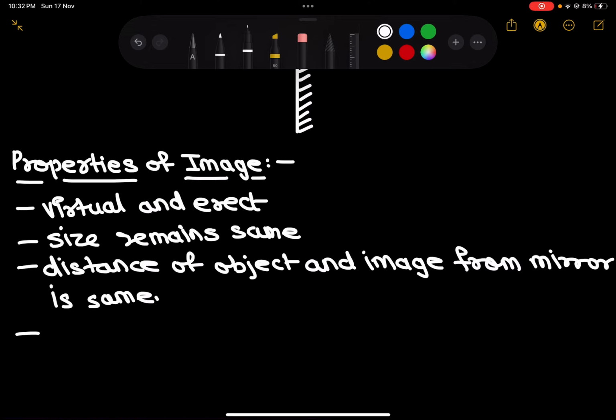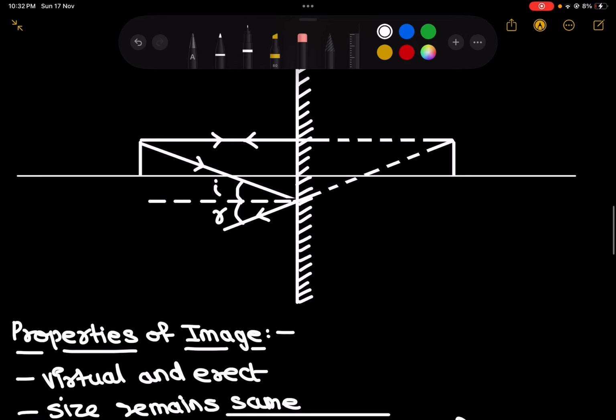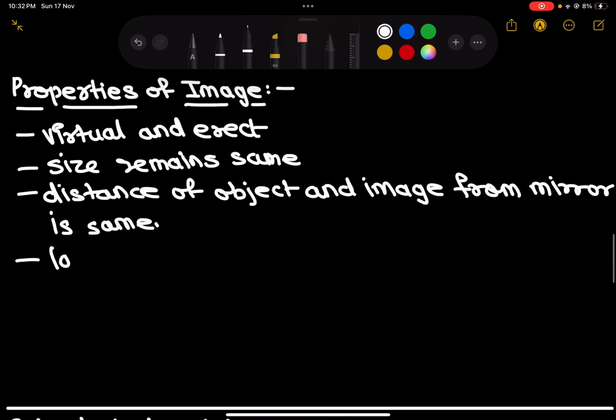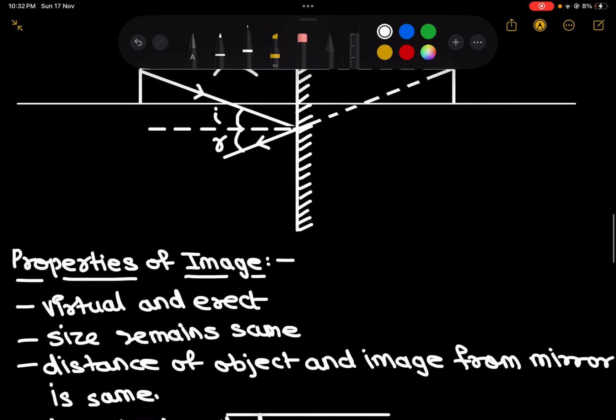And the last one, which is the most important, is that the image is laterally inverted. Now what does this mean? This means if you raise your right hand in front of the mirror, the image will raise its left hand. If you raise your left hand, the image will raise its right hand.